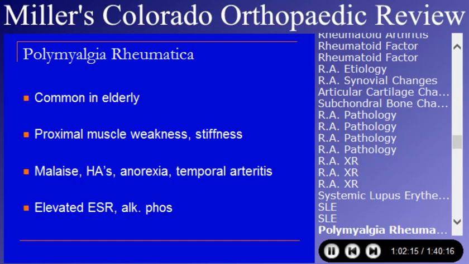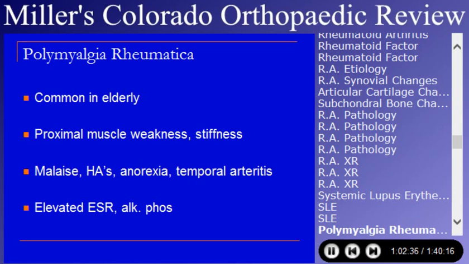Polymyalgia rheumatica is common in older people. It presents as proximal muscle weakness and stiffness, so that people feel weak around the shoulders and hips. They also tend to feel generally ill. Headaches are a common accompaniment.